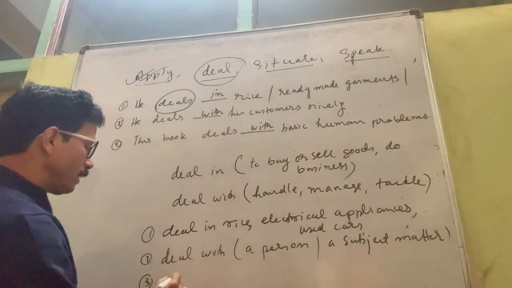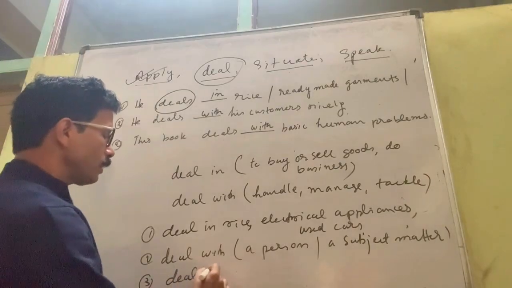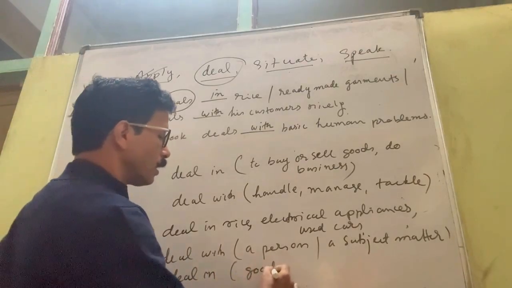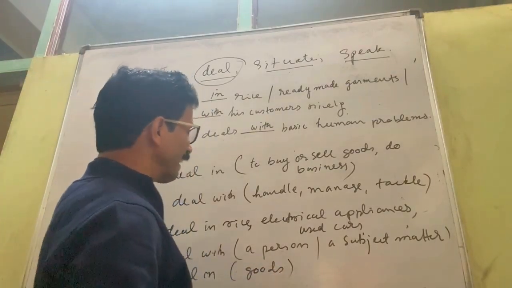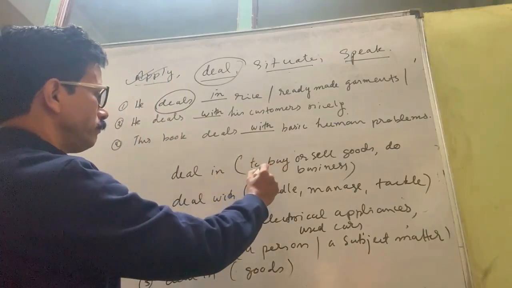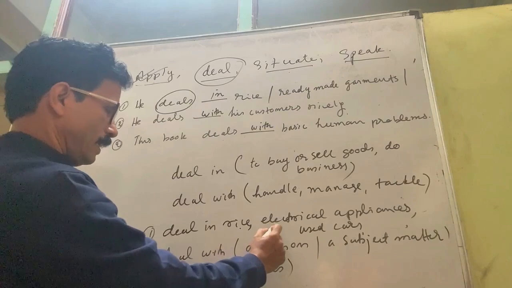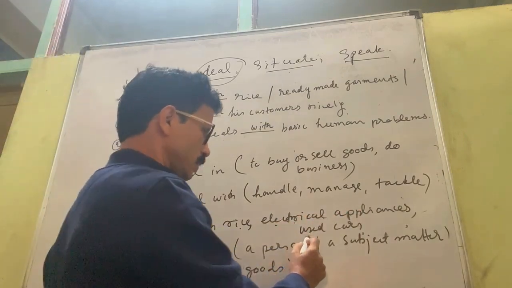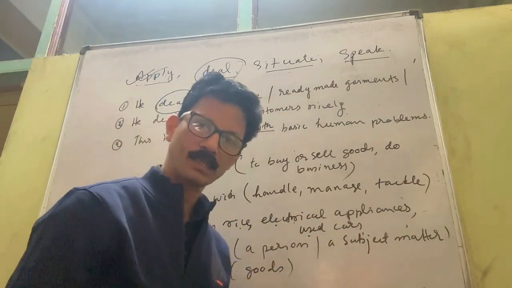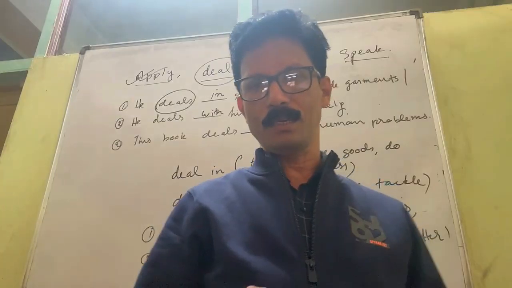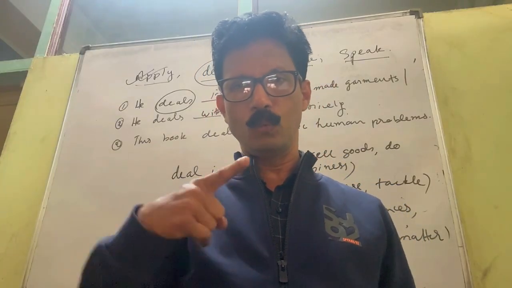Then deal in means deal in goods. Okay, deal in goods. He deals in electrical appliances, and he deals in used cars, etc. That's the basic difference between deal in and deal with.